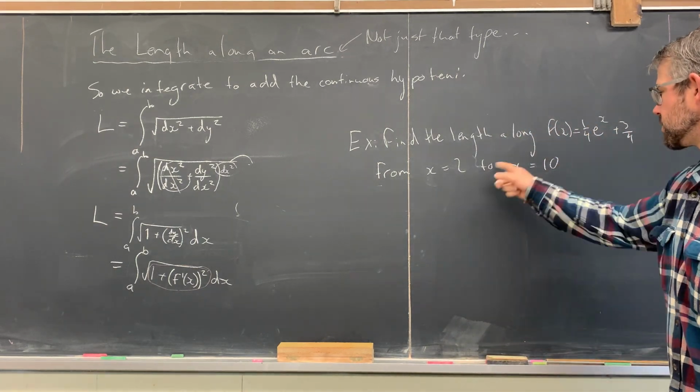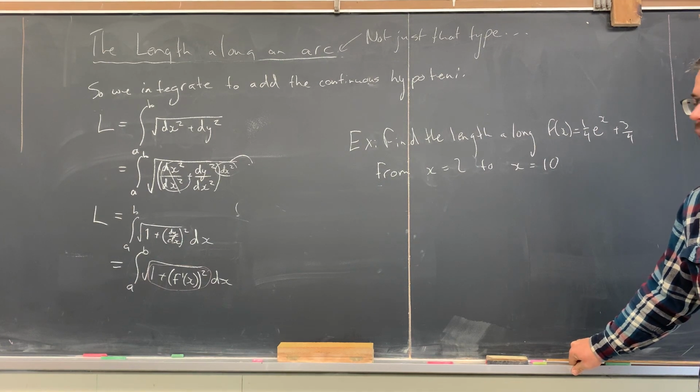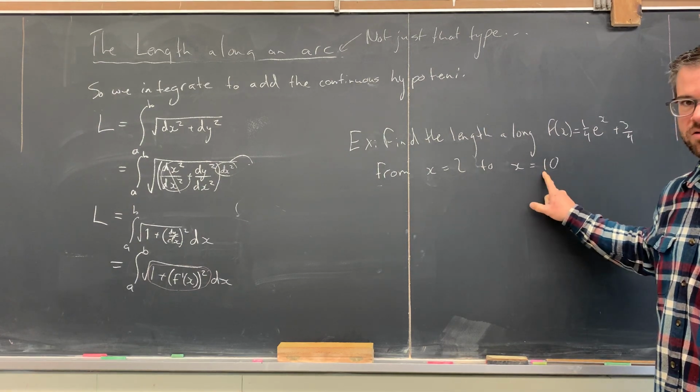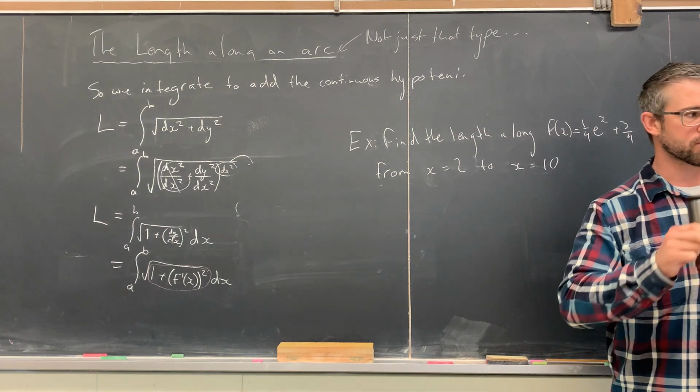So from 2 to 10, by the way, it's definitely going to be longer than 8. Like the shortest possible line segment you can have that connects 2 to 10 is going to be 8. Now it would be with a perfectly horizontal line.